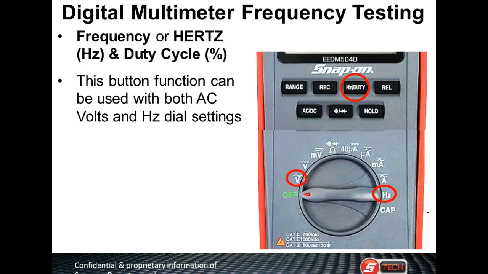So we're going to look at this. We're going to go to frequency. So what are we going to do? Frequency in hertz. Okay, so notice up here, we get the ability to change it between what?